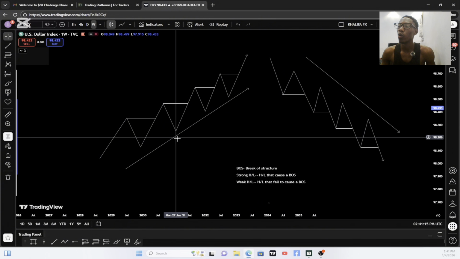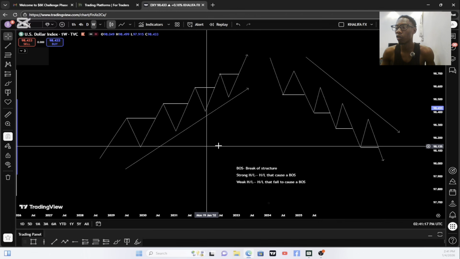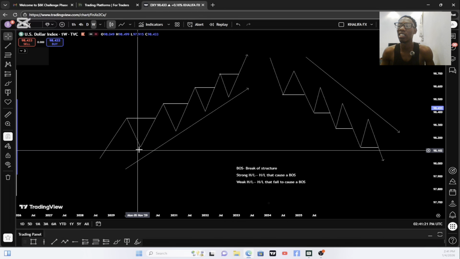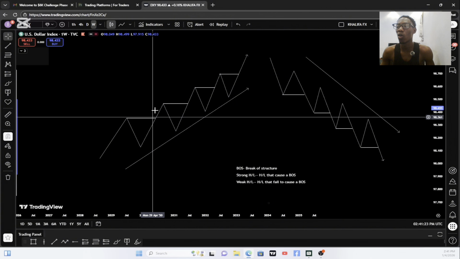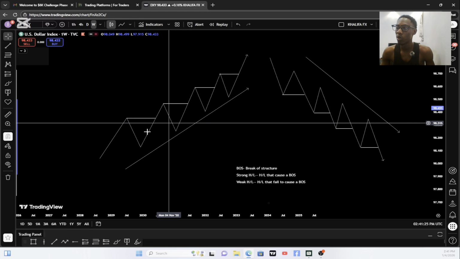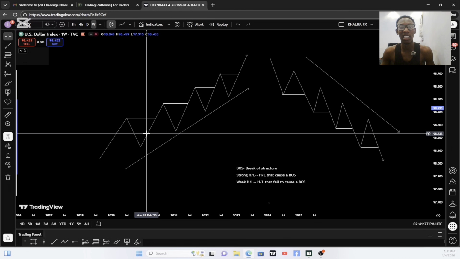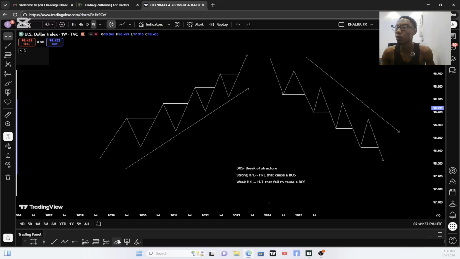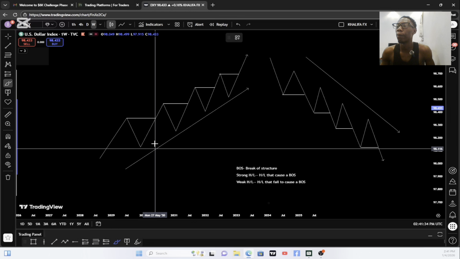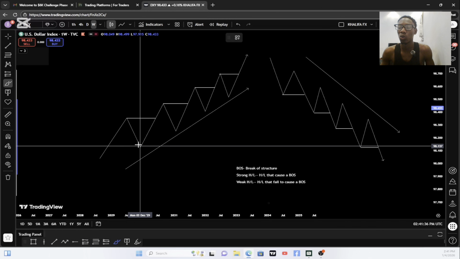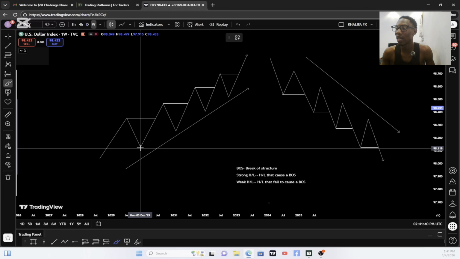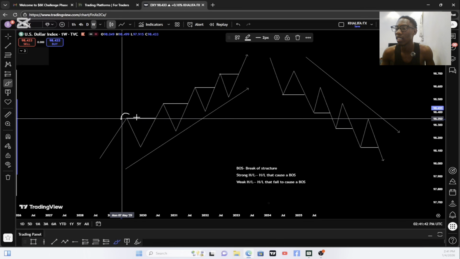So we have something we call a break of structure. And a break of structure is simply when price trades above a high or below a low in a bullish market and in a bearish market respectively, right? So in this bullish market, if I'm going to say a break of structure occurred, I'm going to say that price has traded above a high.